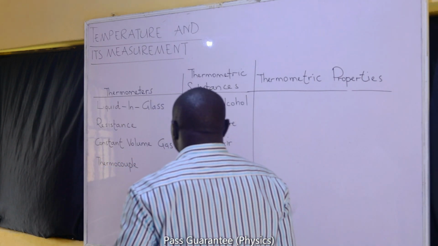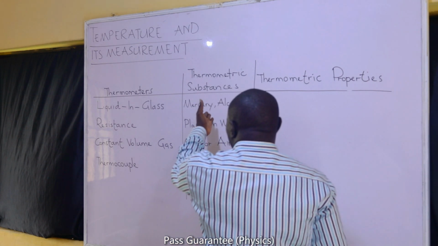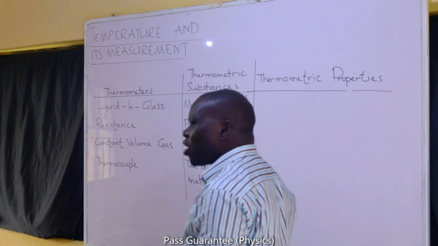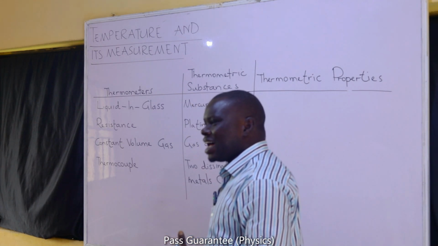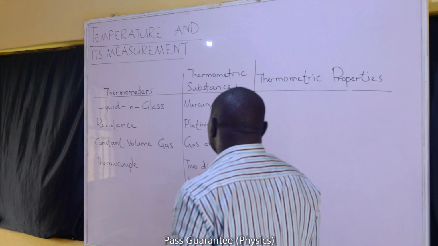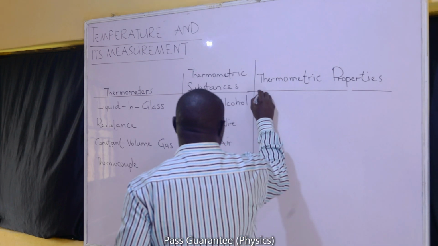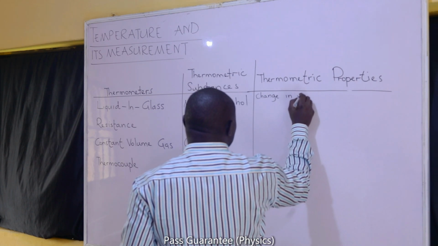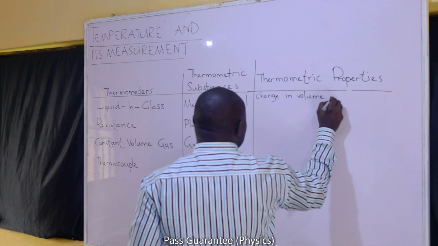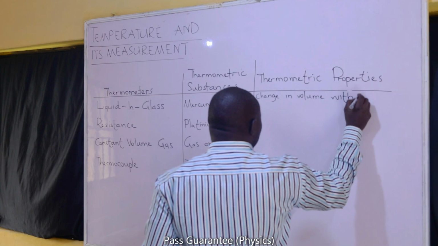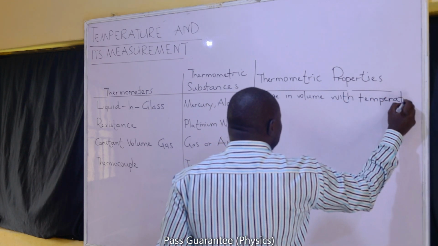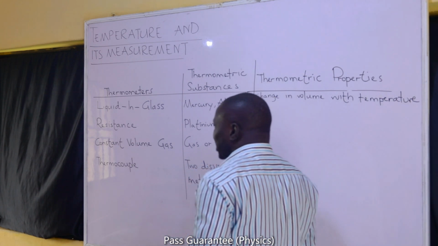For example, liquid in glass, we said we use mercury and alcohol. What is the property in mercury and alcohol that allows us to measure temperature? It is the change in volume due to expansion, the change in volume with temperature. When we add heat to increase the temperature of this substance, it expands linearly.